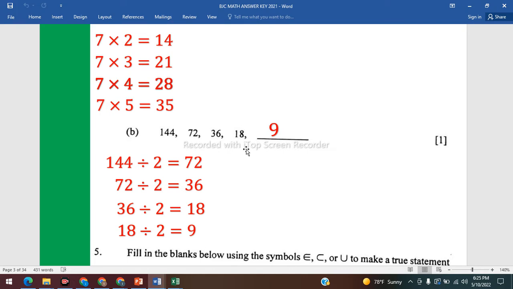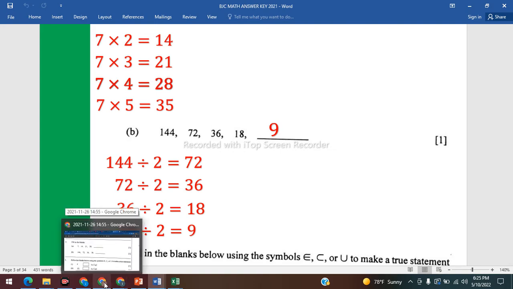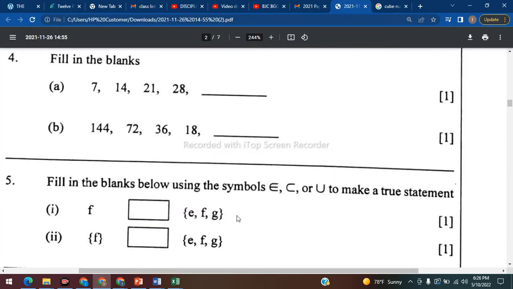Alright, so let's move on. The next question is interesting. I like this one.